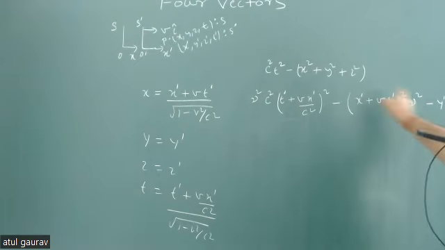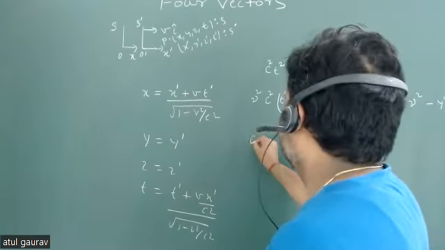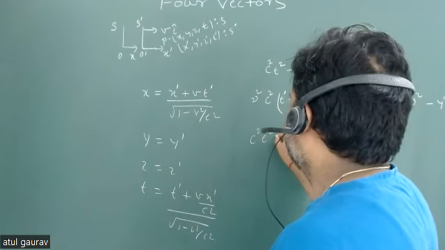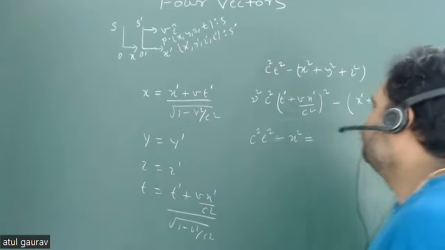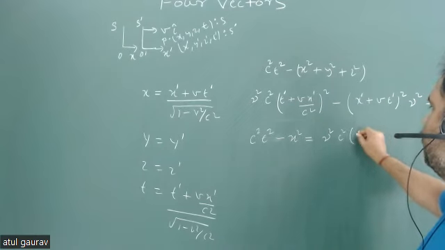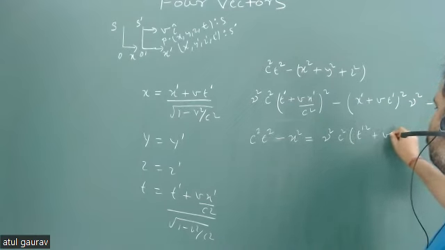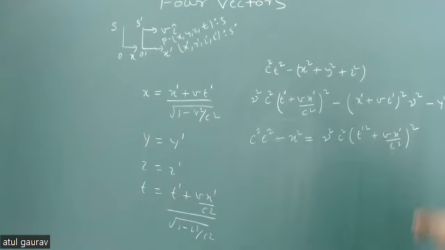We all know that y is equal to y dash and z is equal to z dash, so these can be easily cancelled. So c square t square minus x square can be written as gamma square c square times t dash plus v x dash upon c square, whole square, minus gamma square times x dash plus v t dash, whole square.